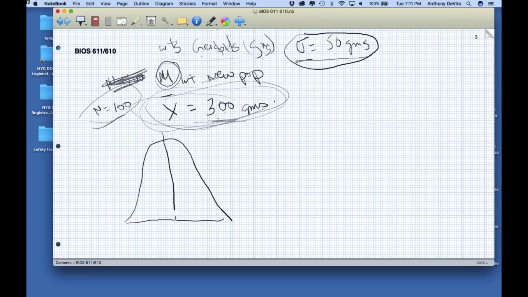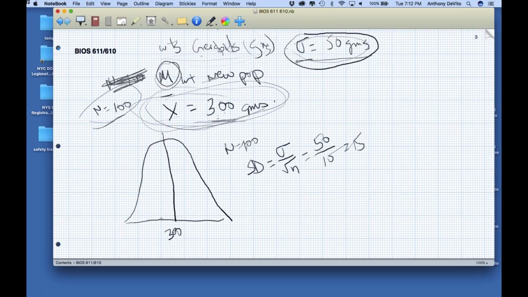So if the mean were really 300 and the standard deviation was 50, well, with a sample size of 100, we would expect the standard deviation of repeated samples from this population to be equal to the standard deviation of the population over the square root of the sample size. We'd expect that to be 50 grams over the square root of 100, which is 10. We'd expect that standard deviation to be 5.